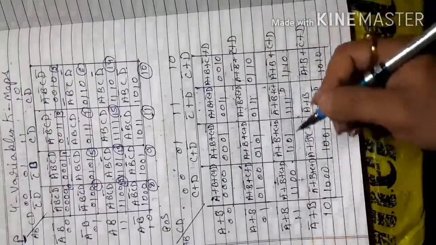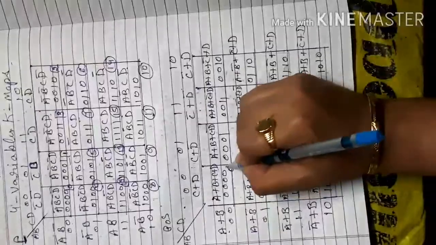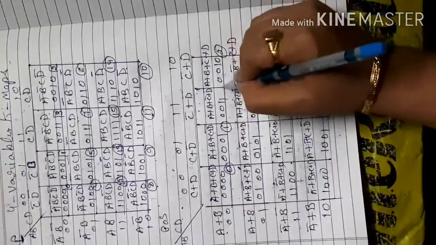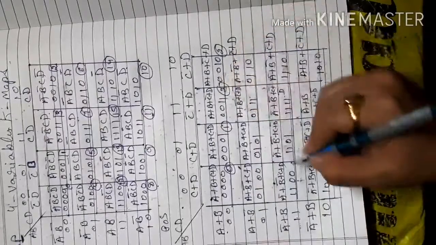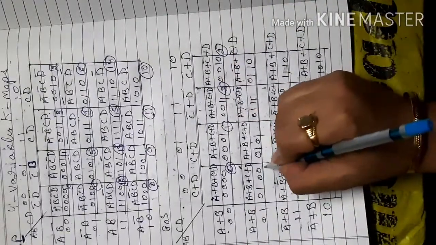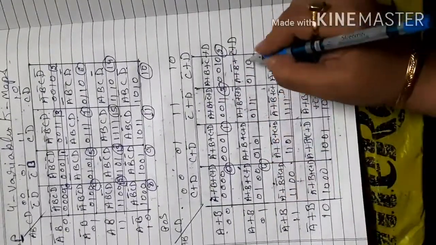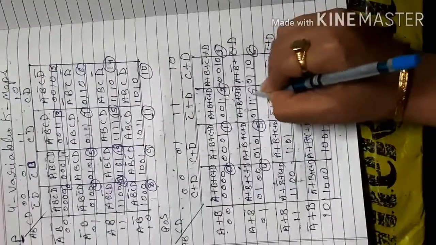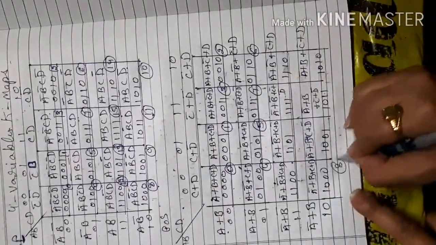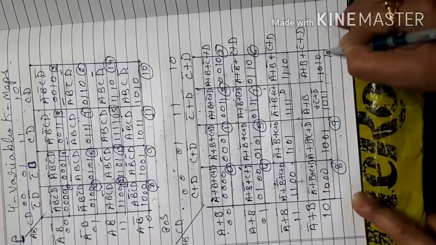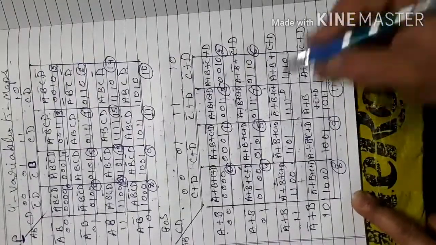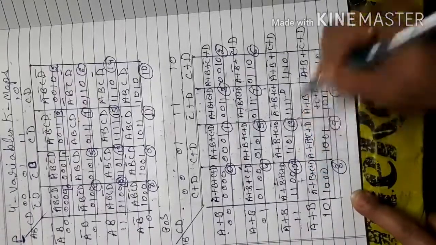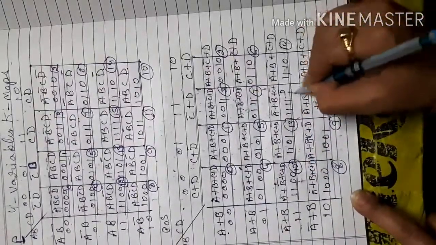Okay, when you go with the position, this is the 0 position, this is the 1 position, this is the 2 position, and this is the 3 position. So this one is again 4 and 5, 6 and 7, and 8 goes here, 8 9 10 11 and 12 13 14 and 15.